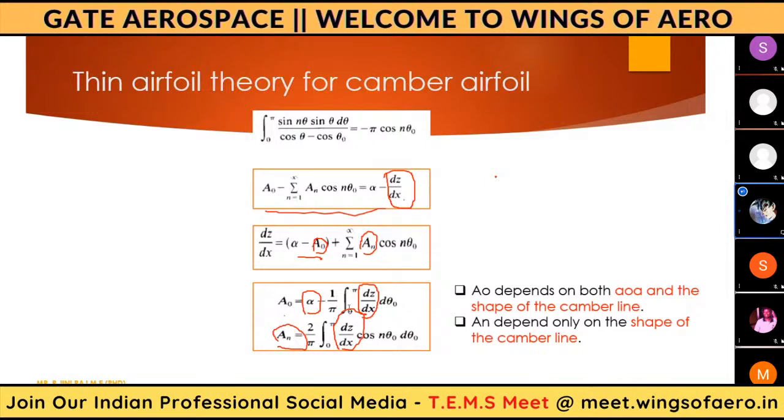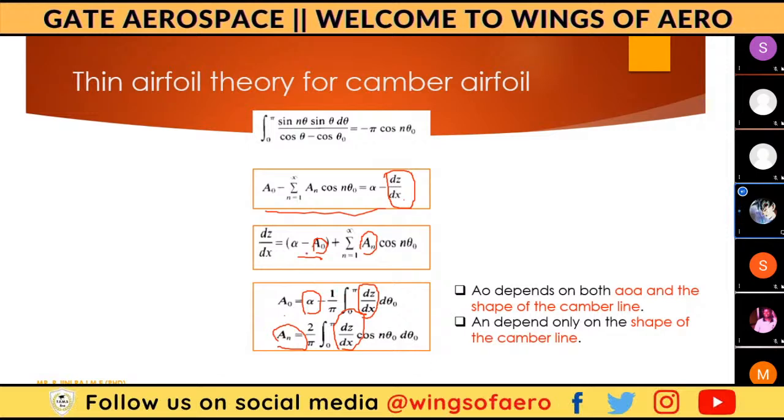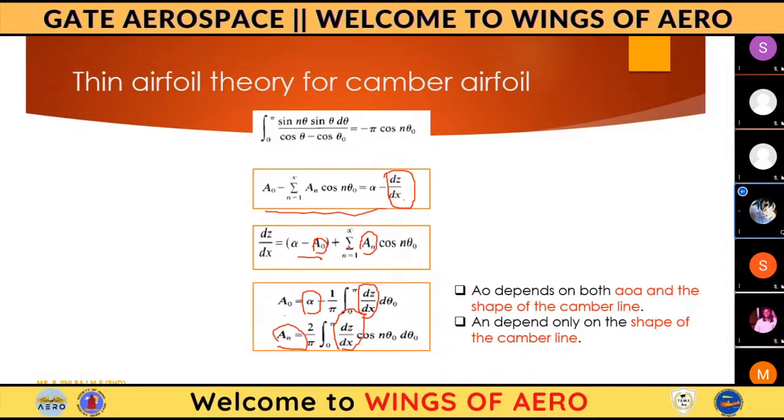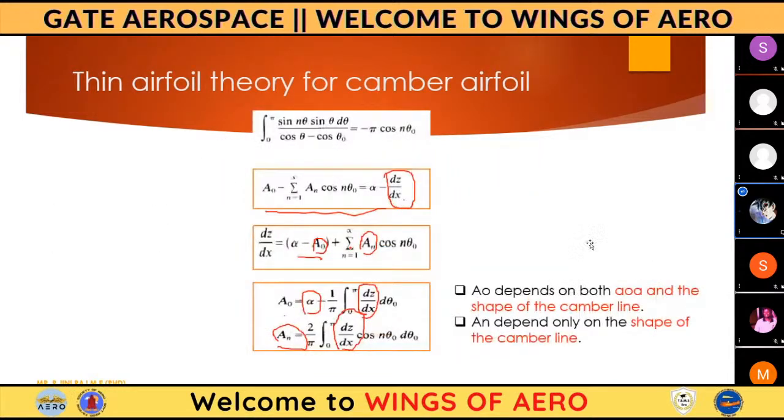What we need to do is derive some expressions using this equation, and they will give some values for A1 also. I have put a problem for this. I will show.